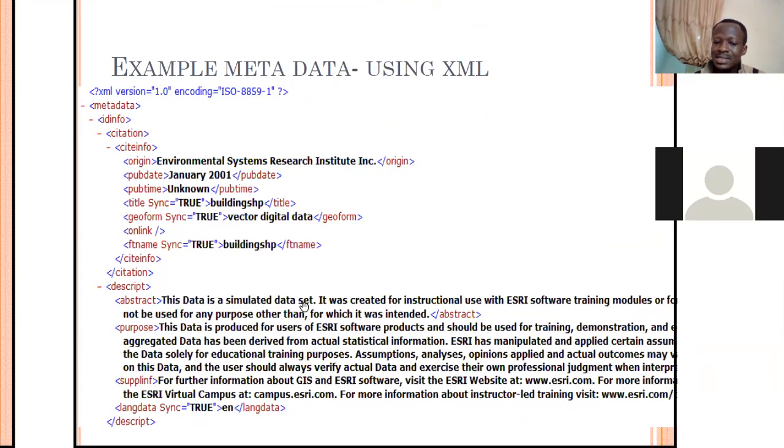The data is a simulated data set. It was created for instructional use, so you don't go and take it personal and use it for a UN project. Okay, so now this data can be sent to you before you actually buy the actual data. So we are not even talking about the actual data. It's all right. So that is metadata. So GIS sees this to be important because you can actually design the metadata before you actually go and even collect the data.